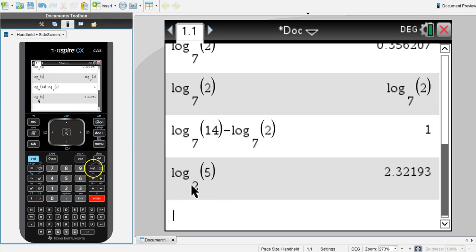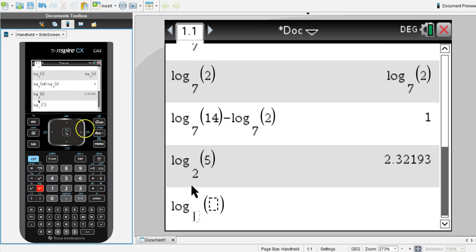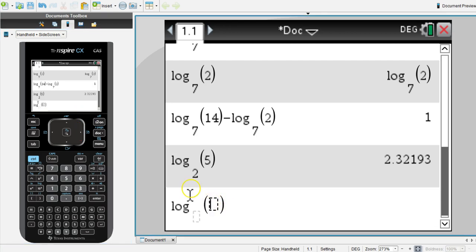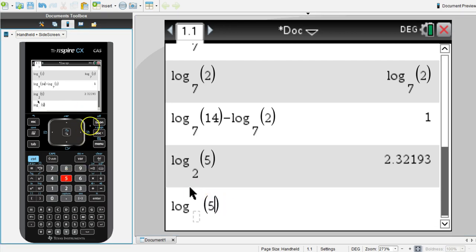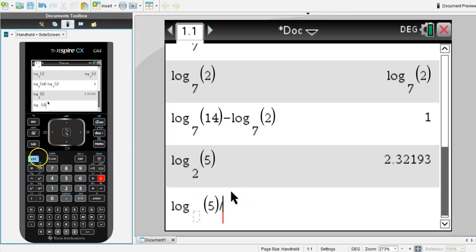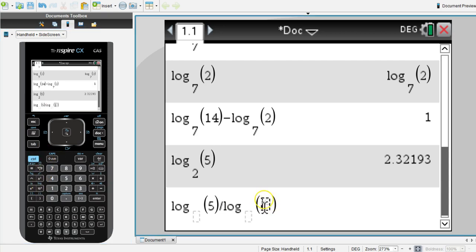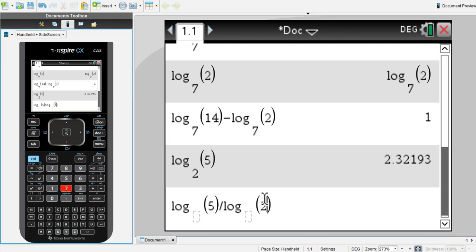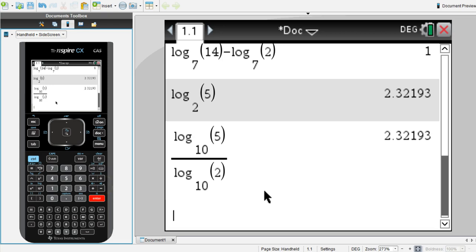We were able to undo it, and we basically did log of 5 divided by log of 2. And you get the same answer, 2.32193.